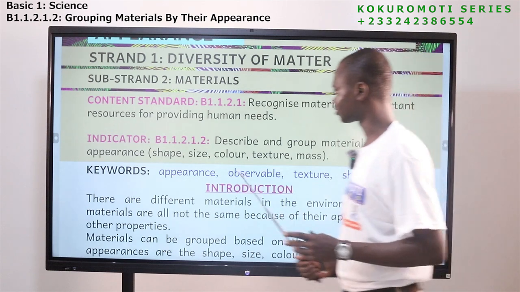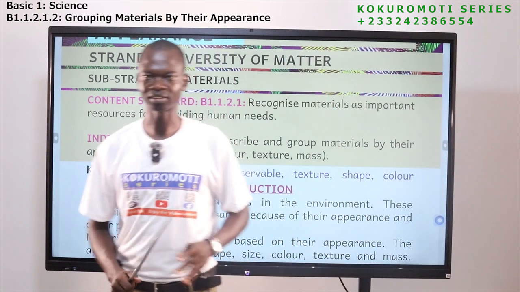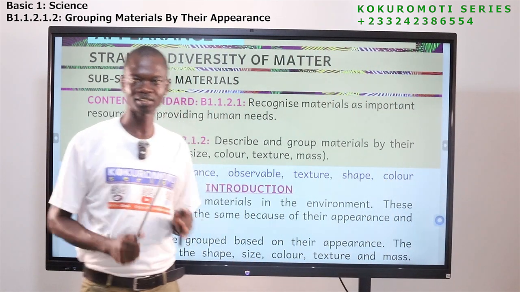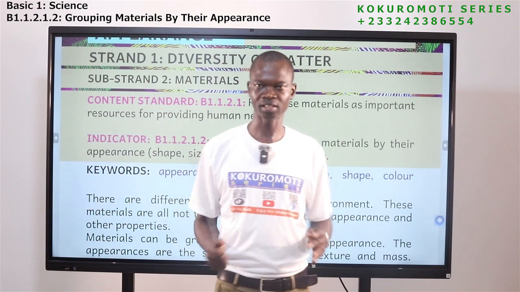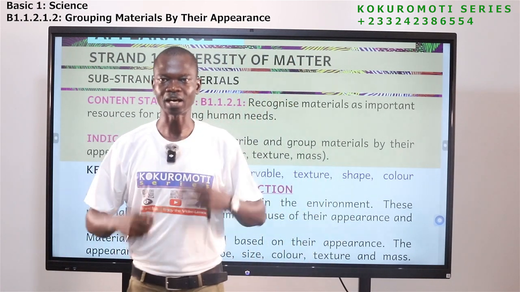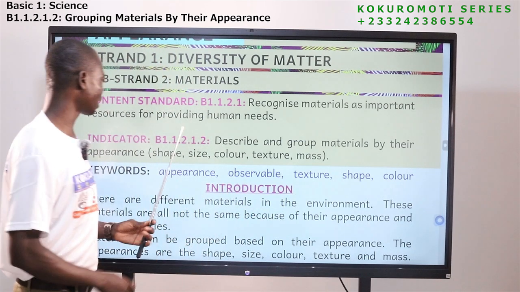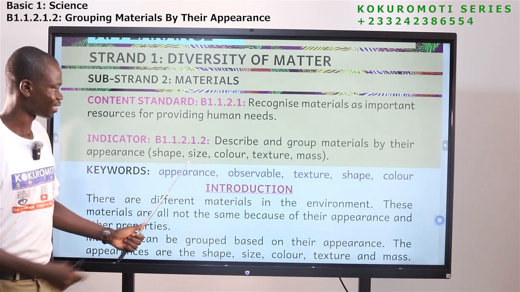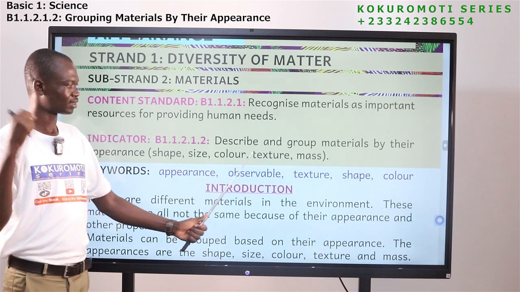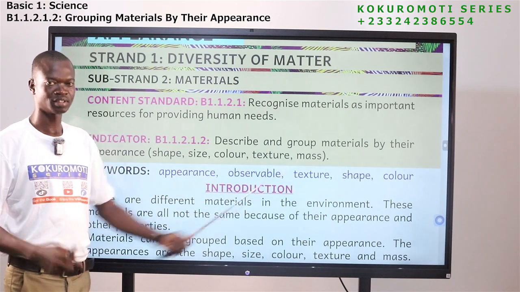So in today's lesson we are going to look at materials, and then we are going to group them according to how they appear, how they look, their appearance. The appearance that we will look at is the shape, the size, the color, texture, and then mass.